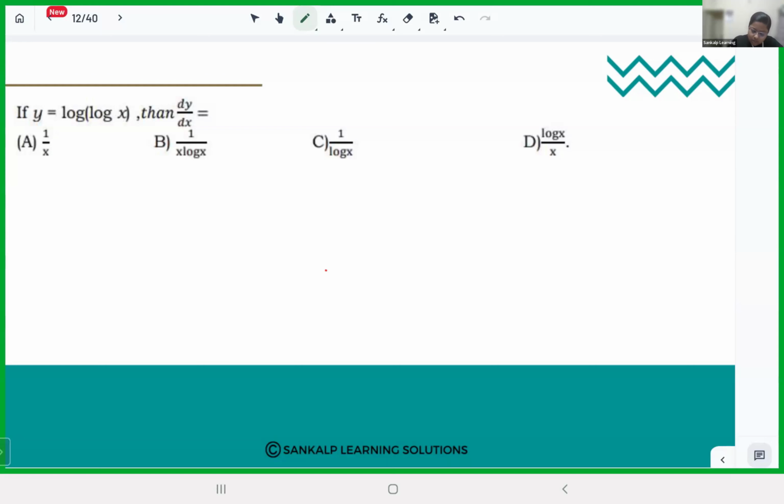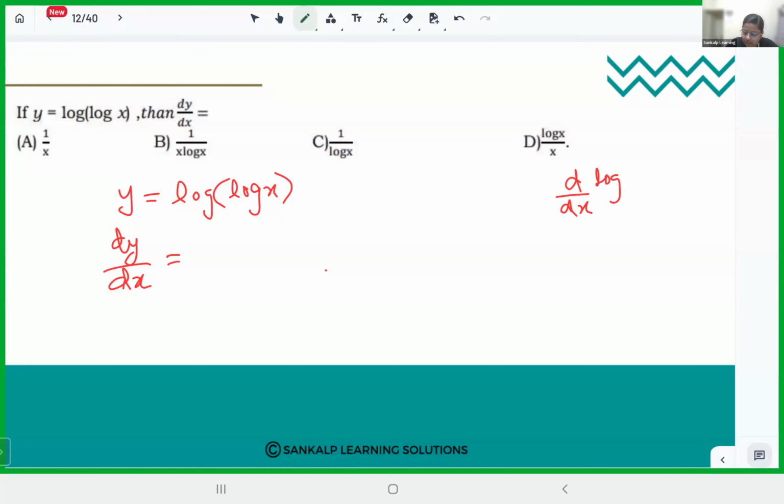Okay, so y equal to log of log x. And what is the derivative of this function? It is dy by dx is equal to, d by dx of log of log x.